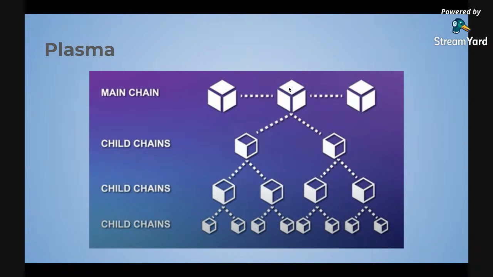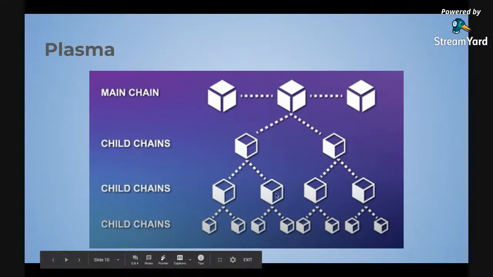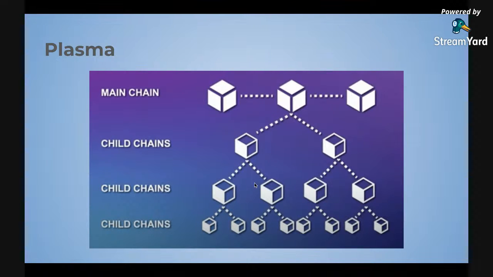Each node has two child nodes, and then that node can have another two child nodes, and then the computation can be done off the main chain. So it's sparse communication with the mainnet, and then a single hash can be submitted back to the main chain.